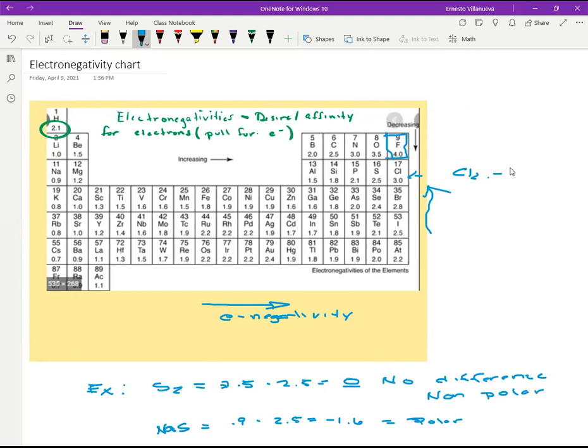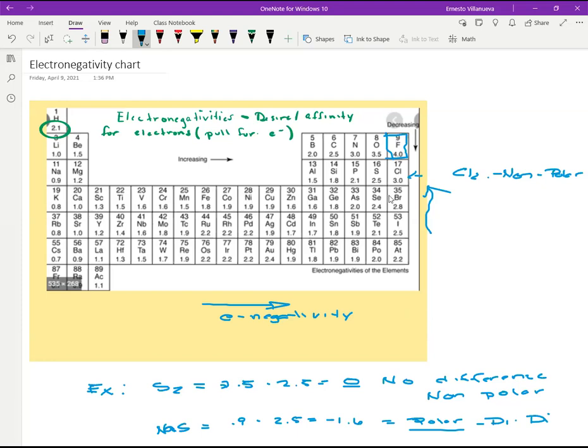Now, if it's nonpolar, then the interaction forces are going to be LDF, London dispersion forces. If they're polar like this, then you're going to say that's a dipole-dipole. And when you have one that is polar and one that is nonpolar, we call that a dipole-induced dipole interaction.